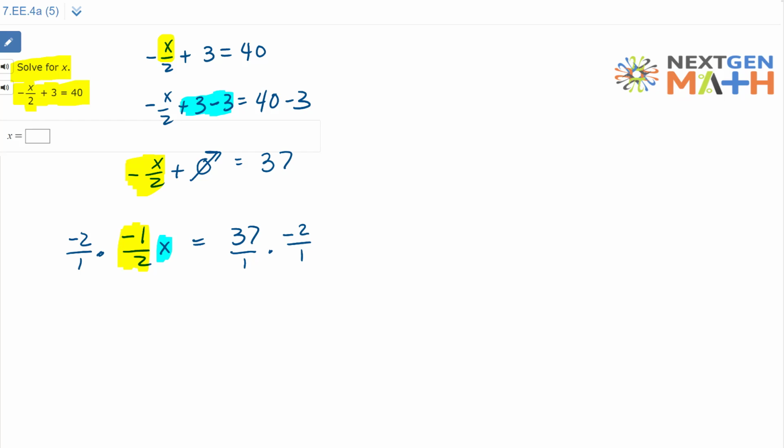We're choosing to write this as negative 2 over 1 multiplied by negative 1/2. That's going to be equal to 1 because negative 2 times negative 1 is 2, and 1 times 2 is 2.